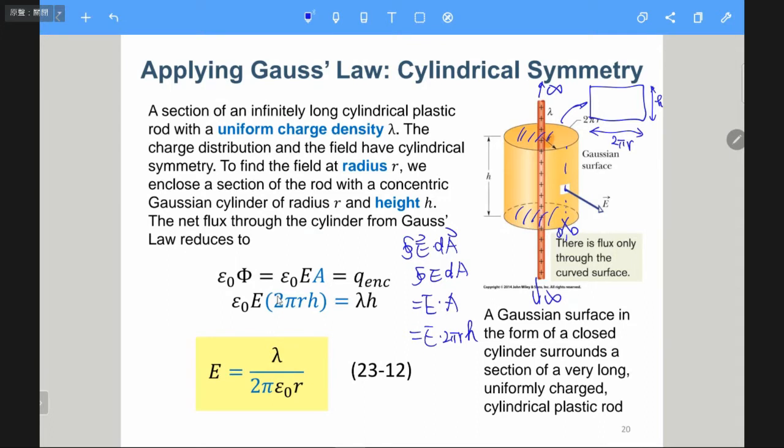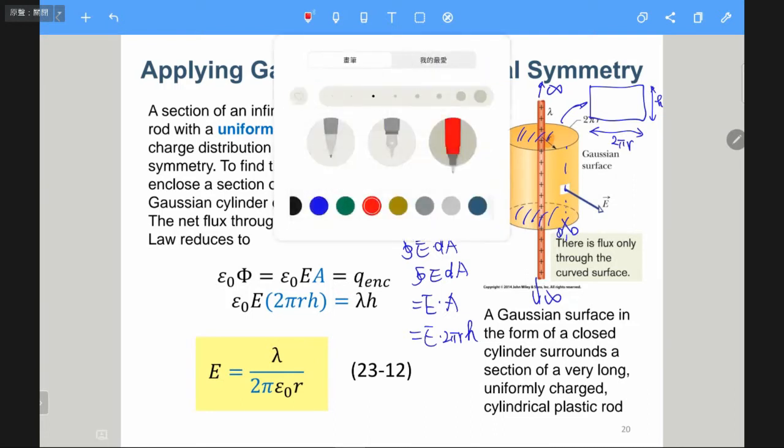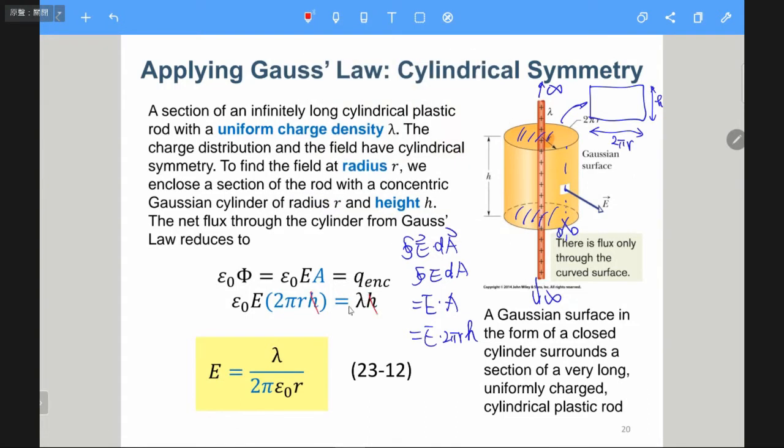For the charge density, we know it is uniform, which is lambda here. So the total charge enclosed by this cylinder will be h times lambda. We move these terms to the right side, and h and h can be cancelled. So we have E equals lambda over 2 pi epsilon naught r.